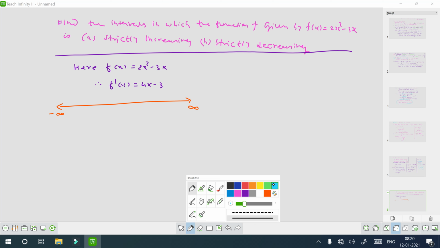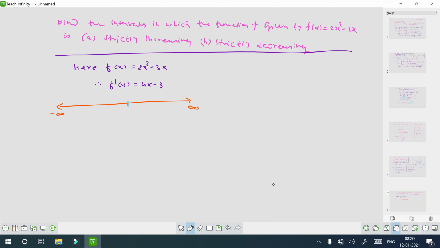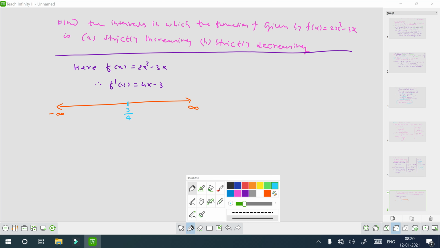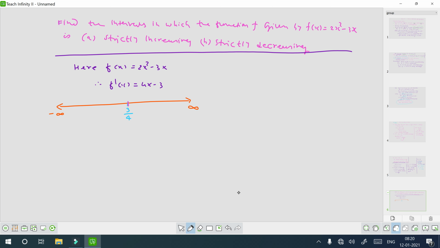Now check where this function is 0, that is 0 at 3 by 4. Clear? Put on this interval. That means at x is equal to 3 by 4, the derivative is 0. So we cannot talk at 3 by 4 it is greater than 0 or less than 0. Definitely it comes out equal to 0.